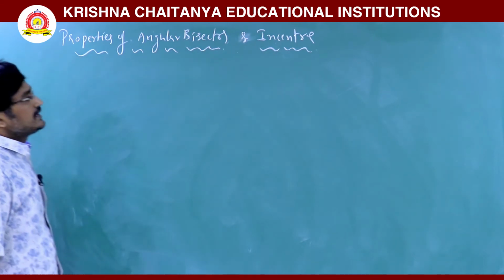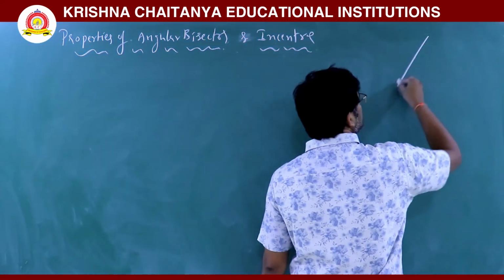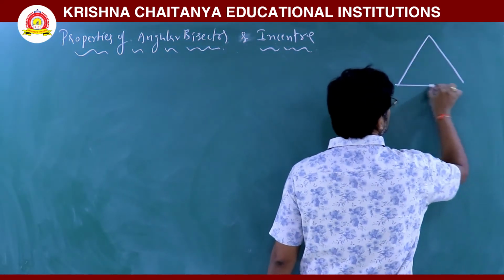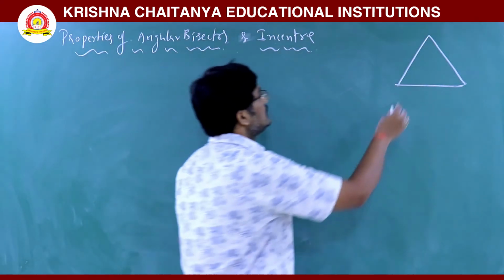Okay, so see here, what is the statement here? This is a triangle ABC.